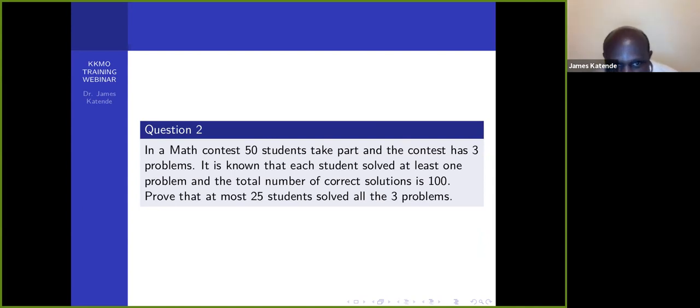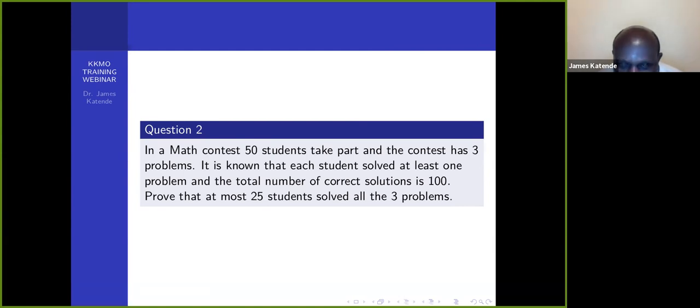So the second question says that in a math contest, 50 students take part and the contest has exactly 3 problems. It is known that each student solved at least 1 problem, and the total number of correct solutions is 100. So the task at hand is to prove that at most 25 students were able to solve all the 3 problems.